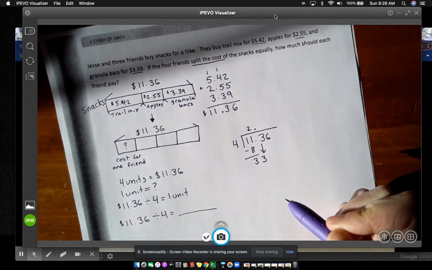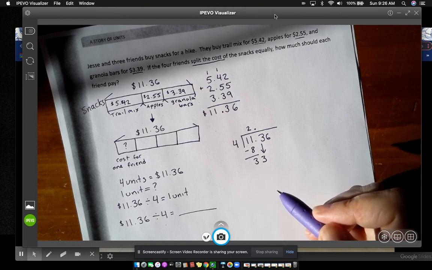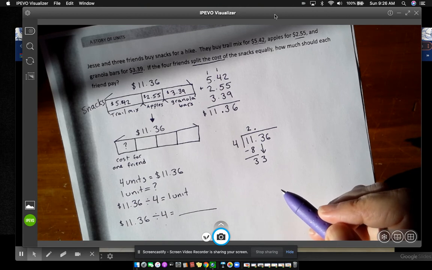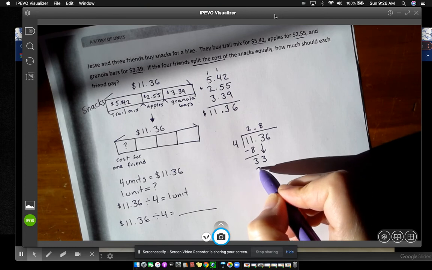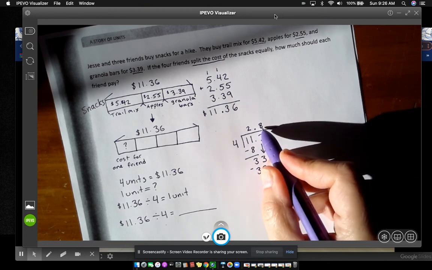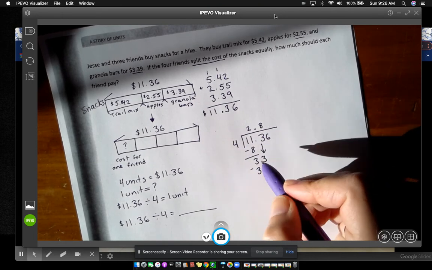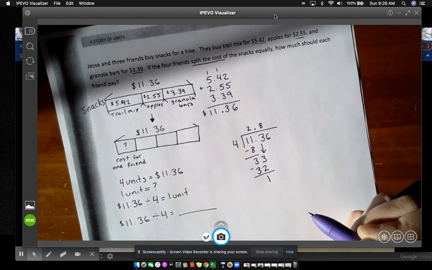4 goes into 33. Let's think about multiplication that we know. I know that 4 times 8 is 32. Remember, times 4 is double double. 8 doubled is 16, and 16 doubled is 32. Double double. 33 minus 32 leaves me with 1.